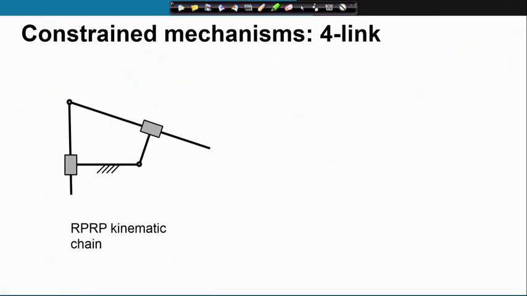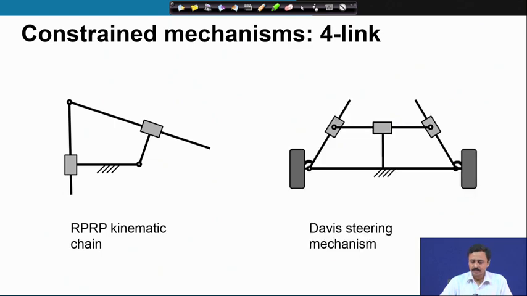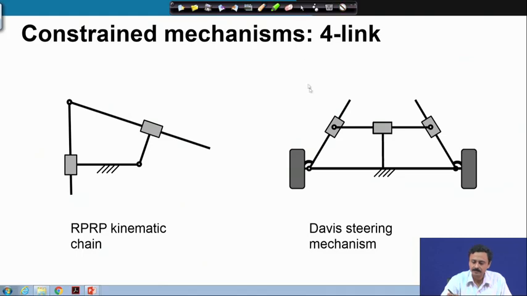Now, RP kinematic chain, the application is in Davis steering wheel mechanism. So, you have this P, R, then P and R. So, this is RP kinematic chain used in the Davis steering wheel.